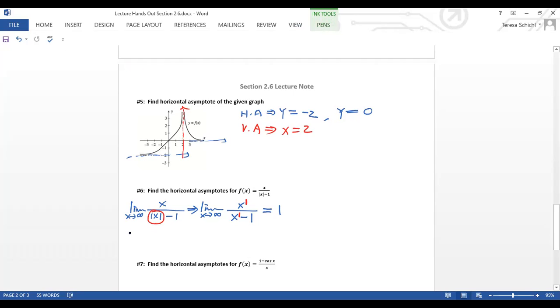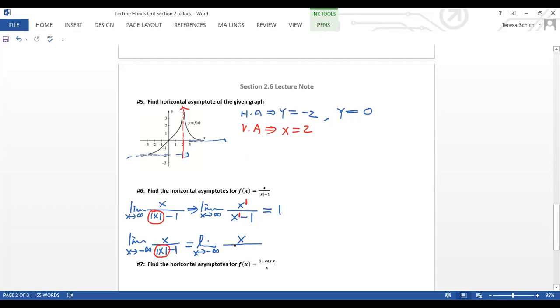Now let's take a look at the limit as x approaches negative infinity. So this is x over the absolute value of x minus 1. Take a look here, right? This one is x, but this is the absolute value.